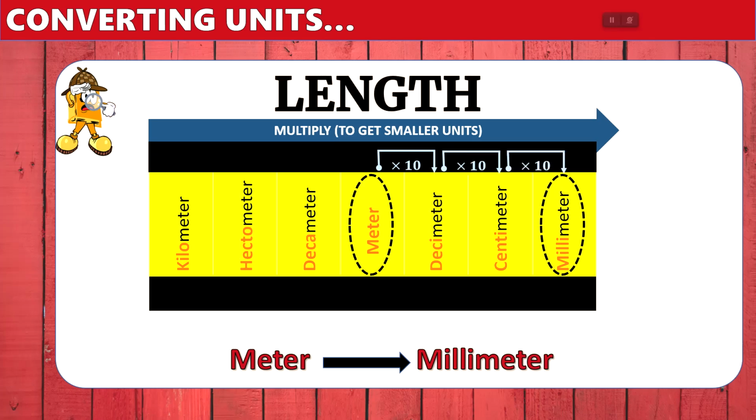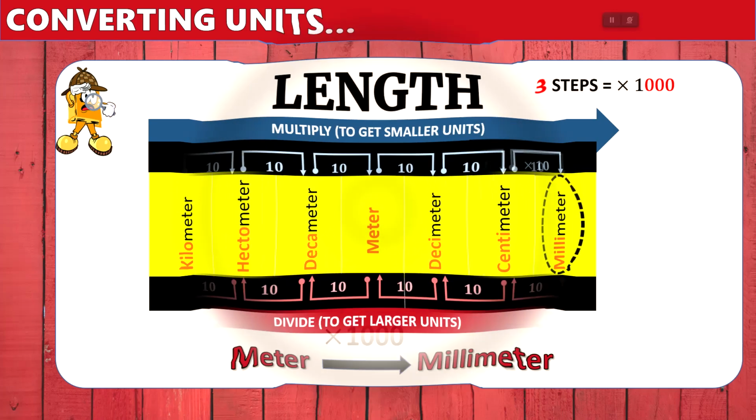Each step requires us to multiply by 10. So we have 3 steps, and we know 3 steps is 10 times 10 times 10. From the earlier slide, when we had 10 times 10 times 10, we can see there are 3 zeros in the question, 3 zeros in the answer. That means we multiply by 1,000. So from meters to millimeters, we will always multiply by 1,000.